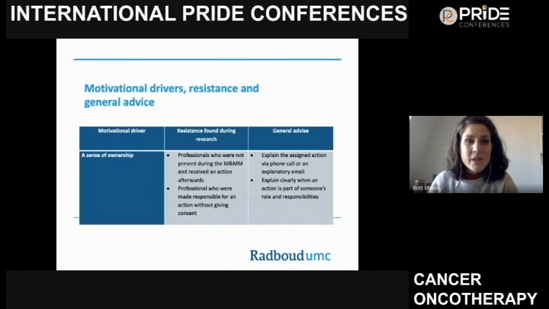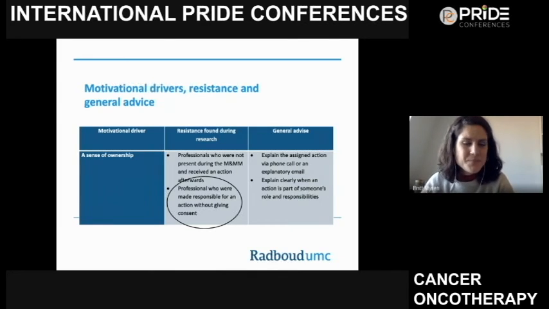I just want to give one example. The motivational driver, as I just said, is having a sense of ownership, which is really important because everybody's busy. So it should make sense that they are the one performing the task. The resistance is especially this one. Consultants or professionals got very resistant when they were made responsible for an action without giving consent. So you have a meeting, you divide all the tasks, and you give random tasks to some people.